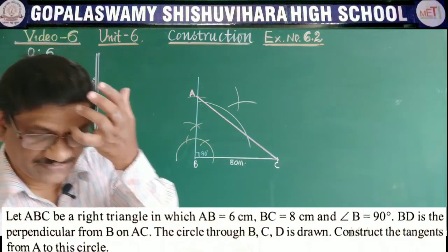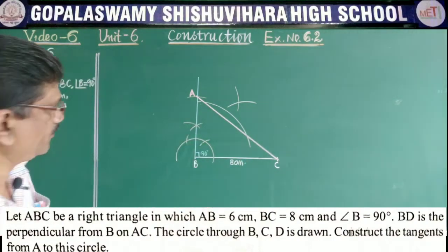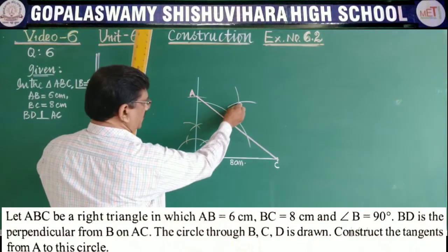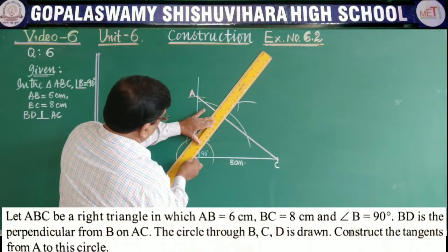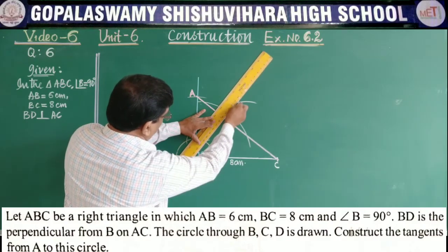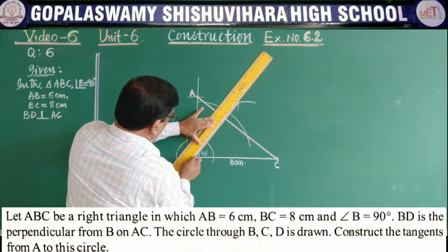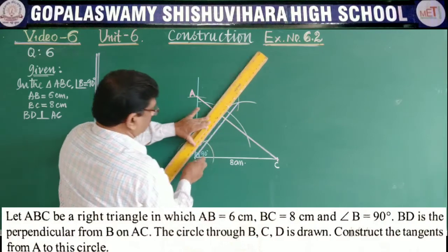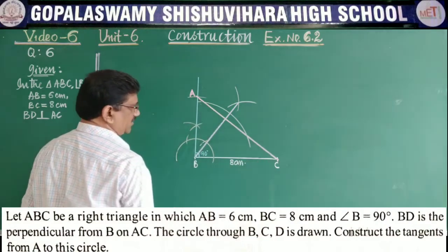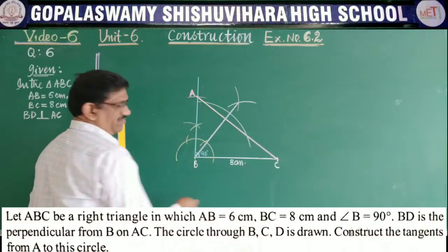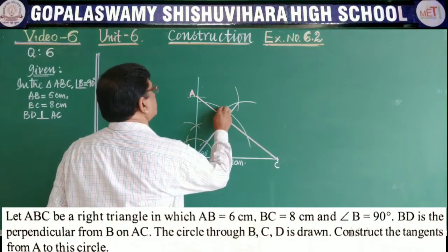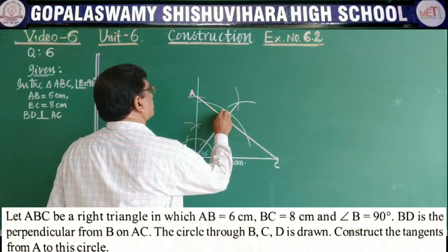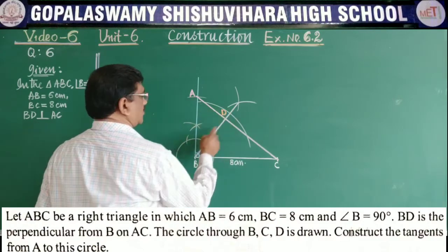Then afterwards you join the point of intersection of these 2 arcs with B. So exactly this line is perpendicular to AC. Name it as D. This is point D. Okay.